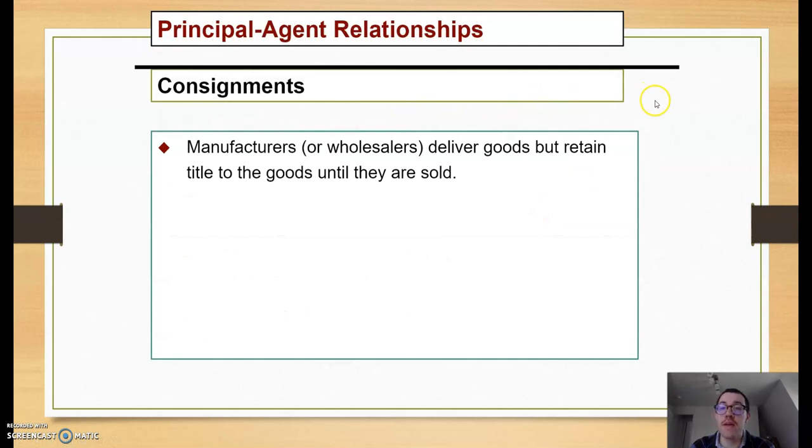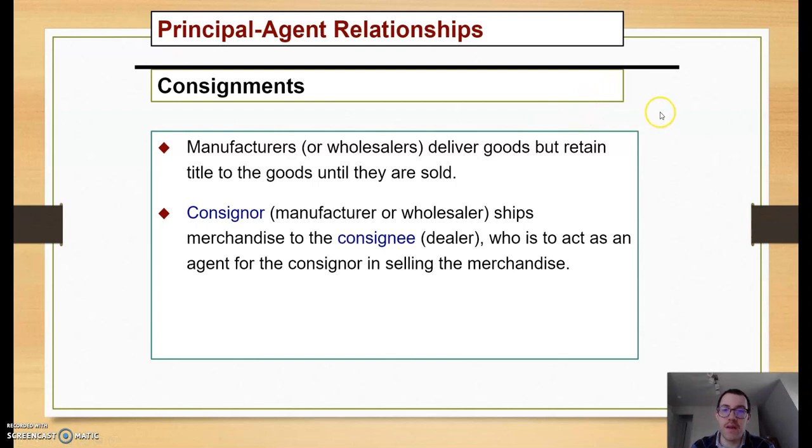Consignments. Okay, so manufacturers or wholesalers deliver goods but retain title of the goods until they are sold. This is a very common arrangement. Steinmart, places like that, you have consignment sales, and the wholesalers deliver the goods there, and they sit in the warehouse until they're sold.